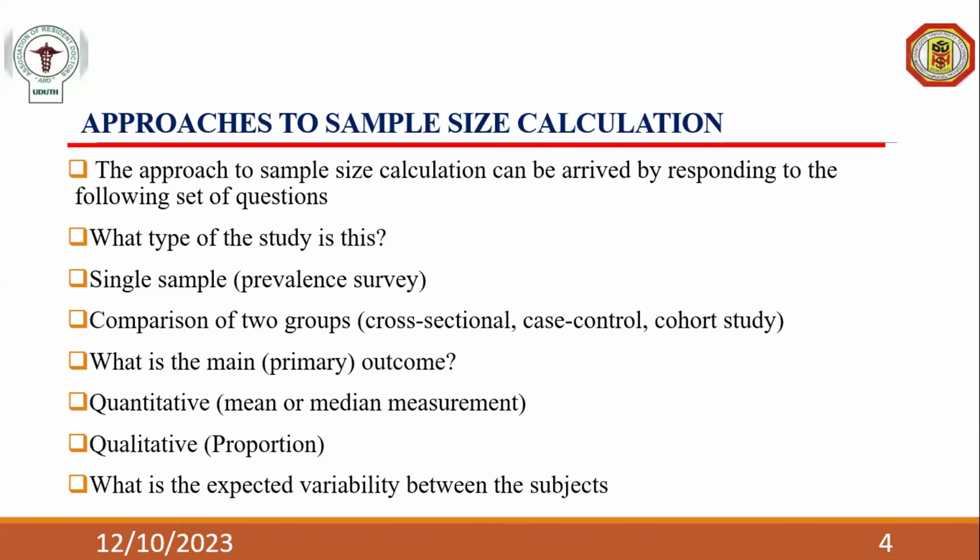The outcome that is a quantitative variable is like, maybe, blood pressure measurement. You know blood pressure measurement is in number, like 120 over 80, anything like that.